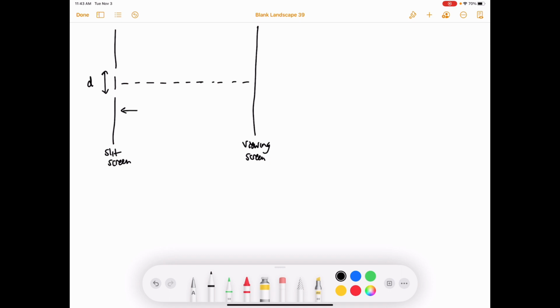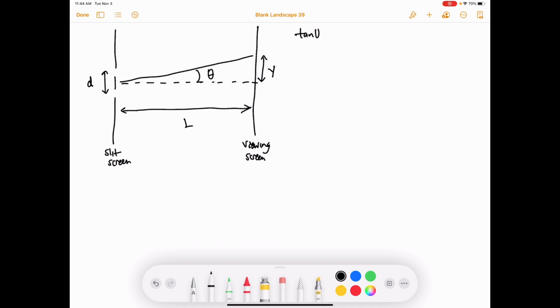And the distance between the two screens we'll indicate as L. So we're interested in what's going on on the screen a certain distance away from the center, which we'll indicate as y on our diagram. So we can also locate a point on the screen with an angle. The angle off the center line is always theta. So in our equations, that's the angle theta that's being referred to.